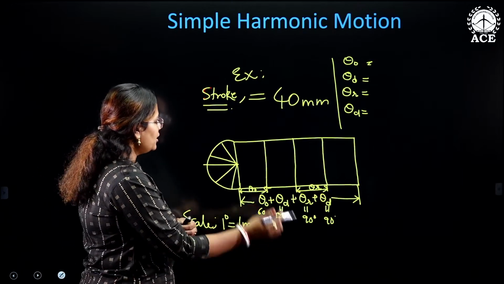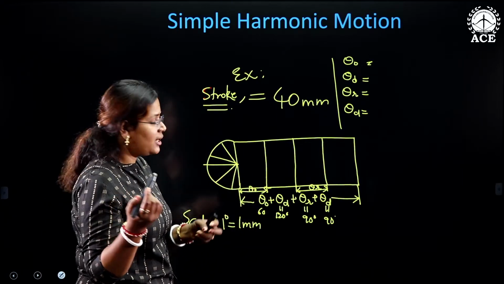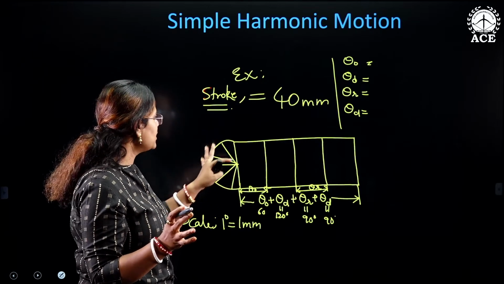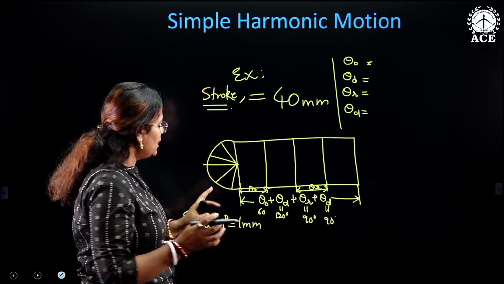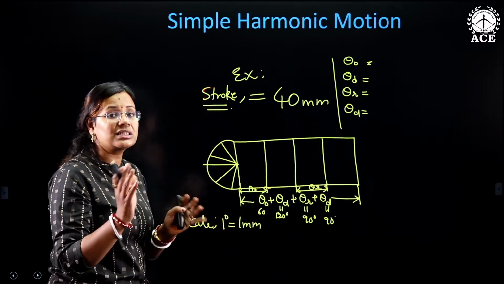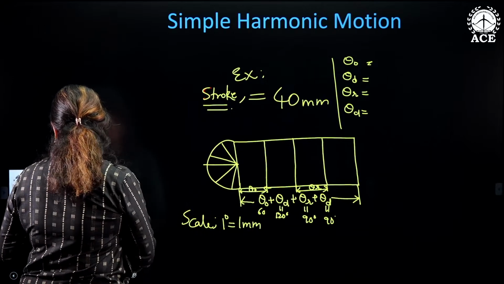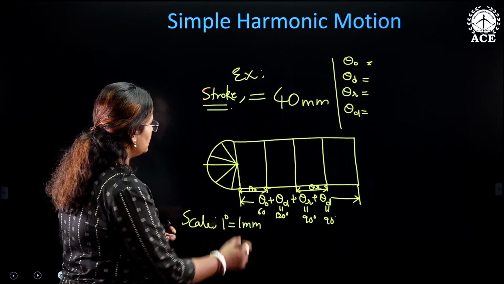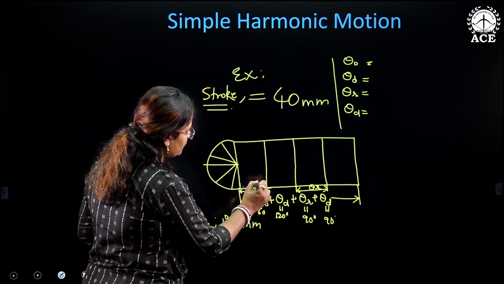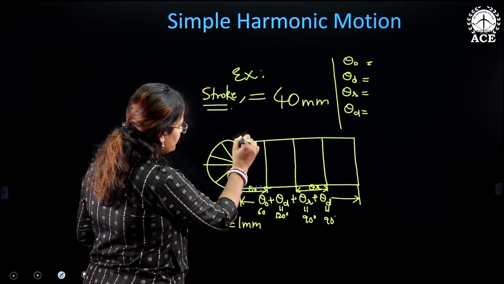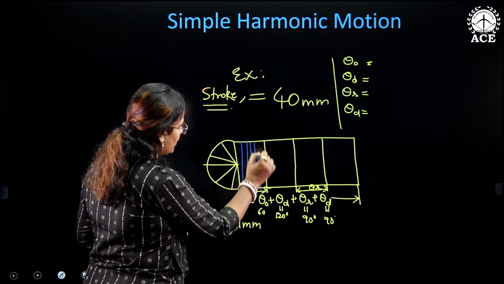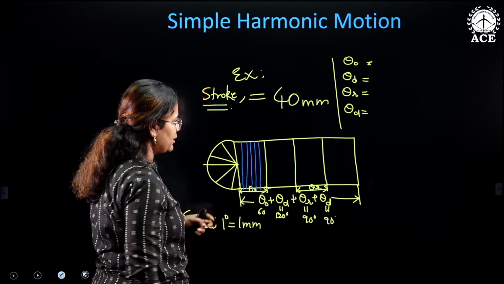Now the next step is to check how many parts the circle is divided into. The half circle is divided into 6 equal parts. So let us divide this theta O and theta R into 6 equal parts again. Let us take another color over here. So I will divide it into 6 equal parts: first part, second part, third part, fourth part, fifth part and sixth part.